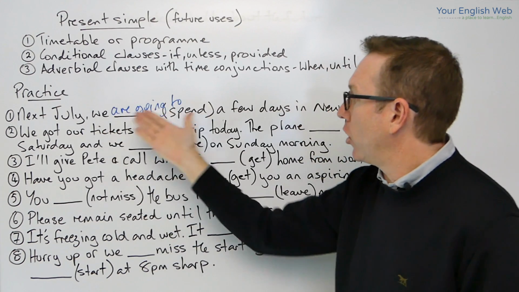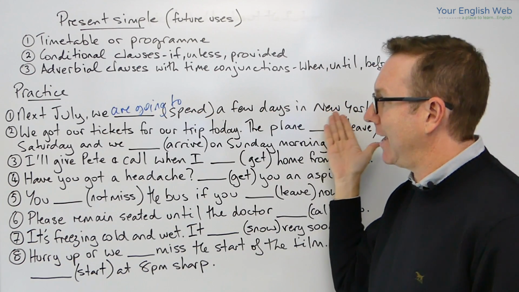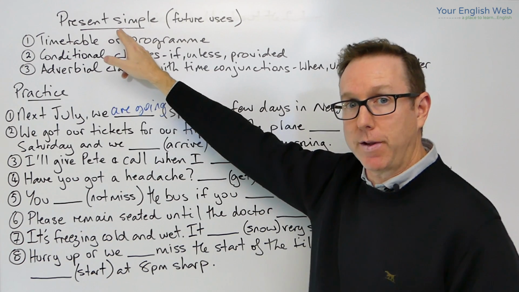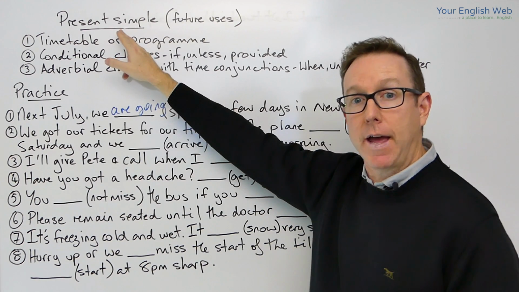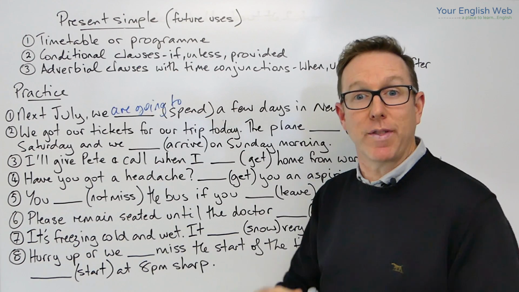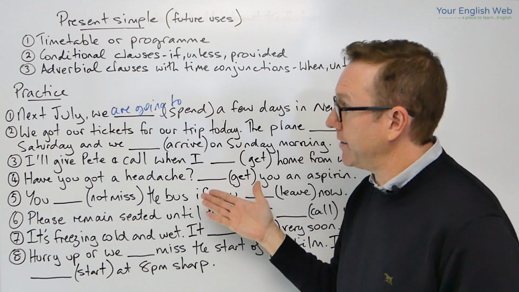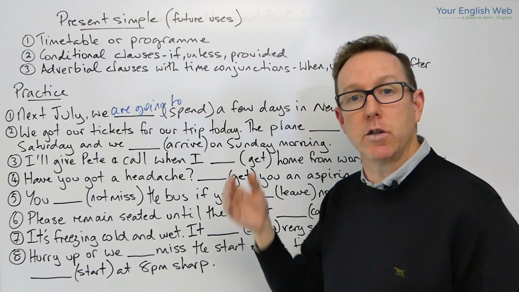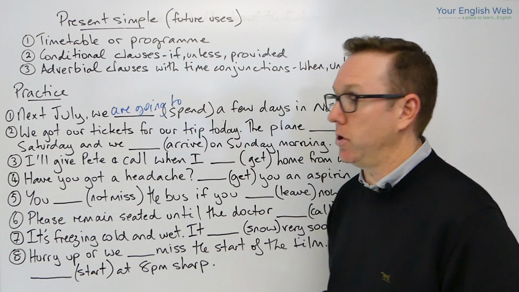Next July, we're going to spend a few days in New York. So we don't need to use the present simple in this example as a future reference because it's not one of these three, okay? So there's a little bit of a trick to these exercises, but we need to know which particular future tense to use in each situation.